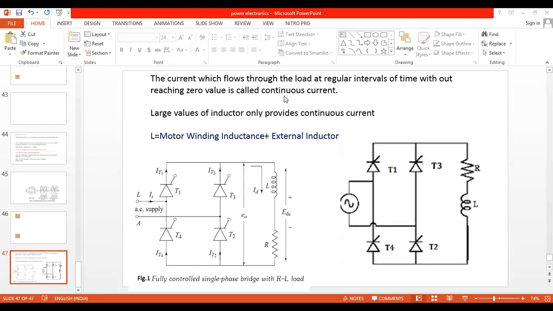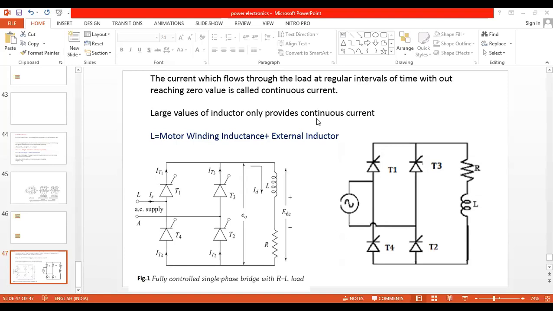So why do we require continuous current? We have just discussed it. The current which flows at regular intervals of time without reaching the zero value is called continuous current. And which inductors provide this continuous current? Only very large values of inductors provide continuous current.